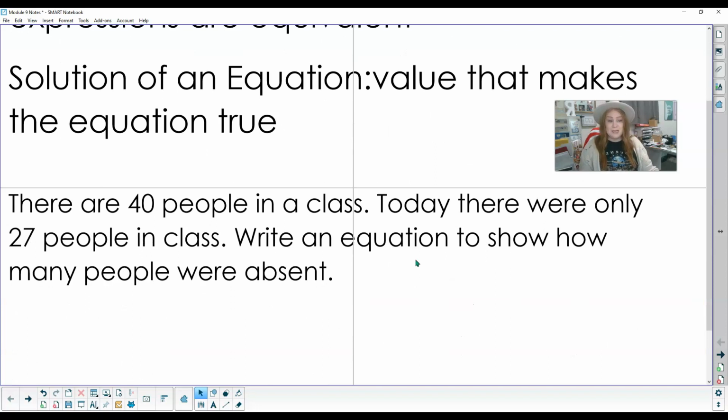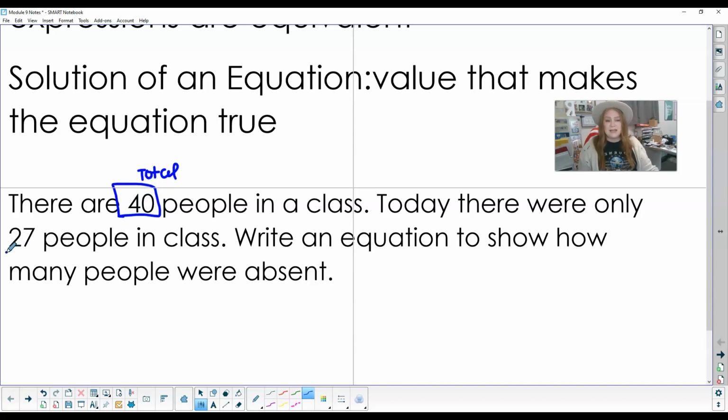So if we were writing an equation for this problem down here: there are 40 people in a class. Today there were only 27 people in class. Write an equation to show how many people were absent. I'm going to look through this so I know there are 40 people. That's a total. So go ahead and circle that, box it, and write that that's the total.